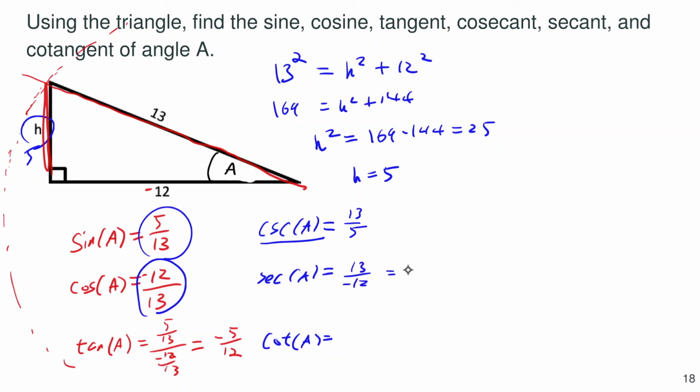Or again, the negative sign can also be in the front, like this. Cotangent is the reciprocal of tangent, which is negative 12 over 5. So once we find sine, cosine, tangent, we can just swap the numerator and denominator to find cosecant, secant, cotangent.